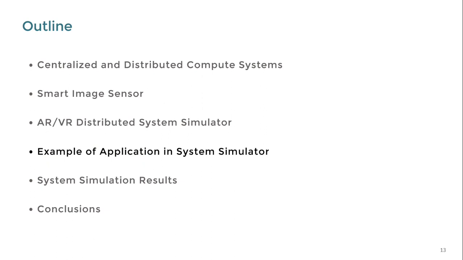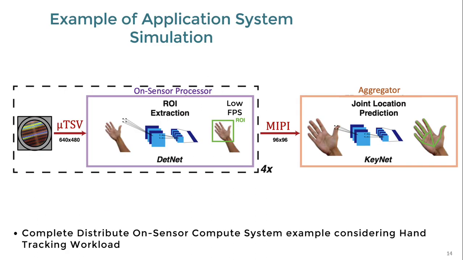So now that we have briefly introduced the simulator, let's go to an example. Here we introduce the hand tracking algorithm, which is composed of 4 cameras, each with an image sensor, connected through micro TSV to an on-sensor processor that is running DetNet, which extracts the region of interest of our image.